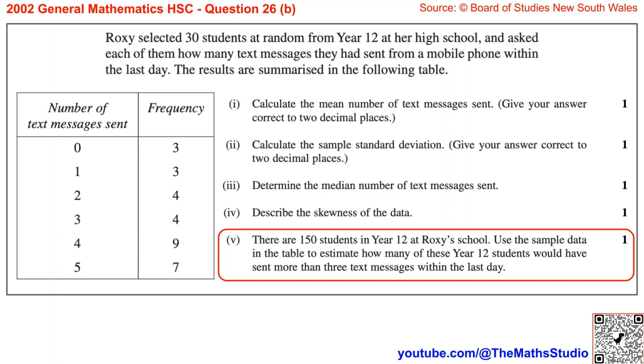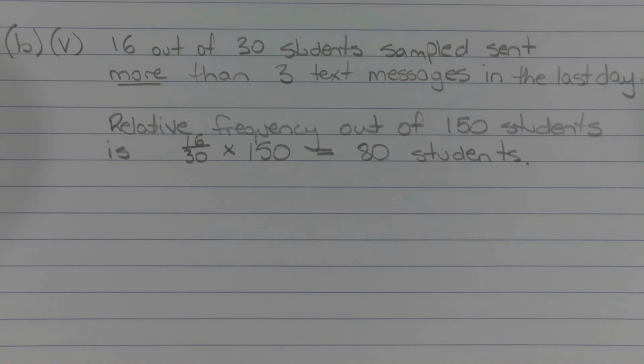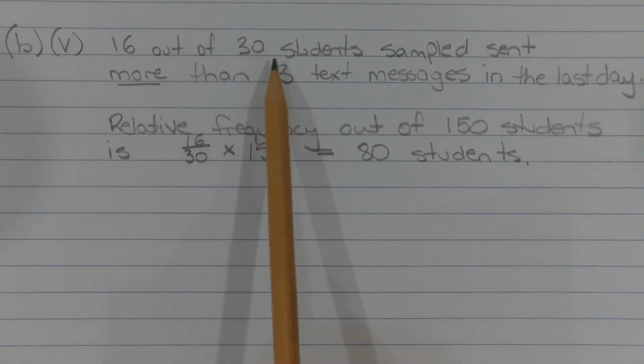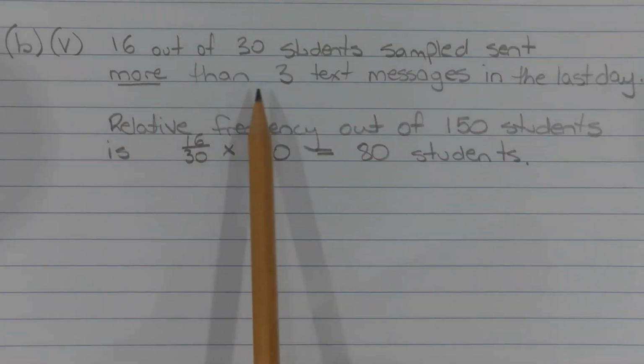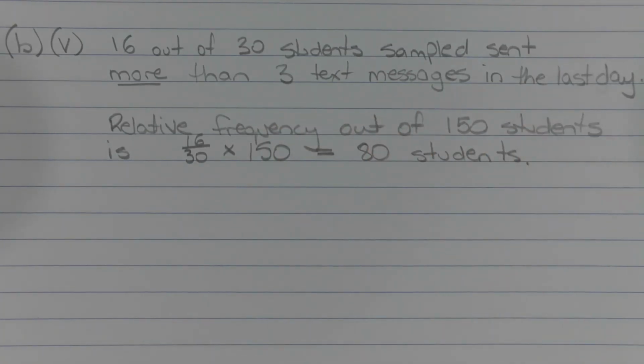Part 5. There are 150 students in Year 12 at Roxy's school. Use the sample data in the table to estimate how many of these Year 12 students would have sent more than 3 text messages within the last day. 16 out of 30 students sampled sent more than 3 text messages in the last day.